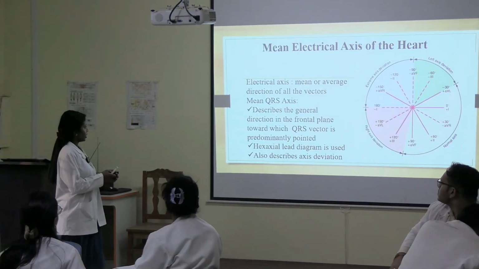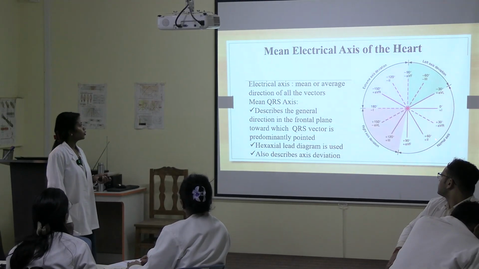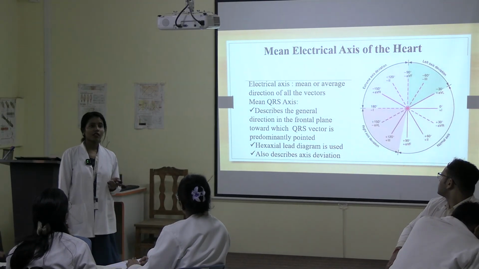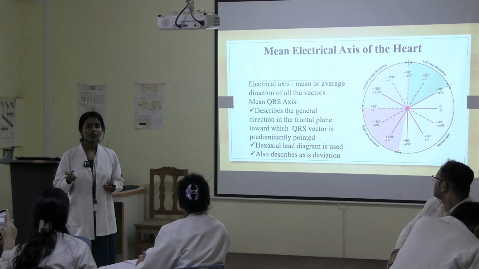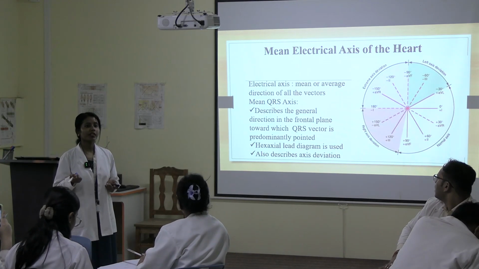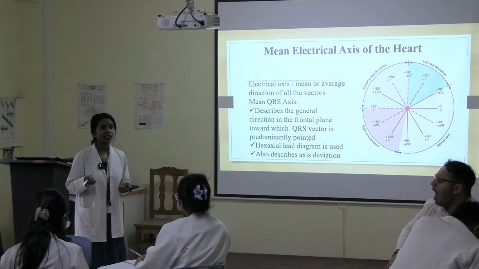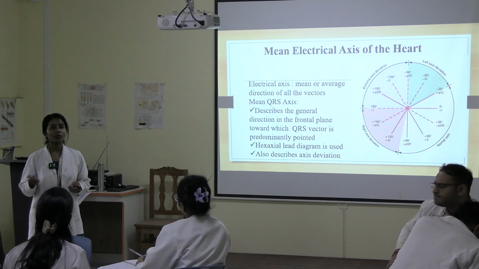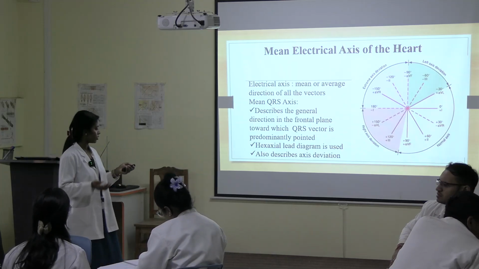So you see here, the mean electrical axis of the heart. Normally it should be normal axis. How much is the value? Normal axis is minus 30 to 110. That is normal axis deviation, right?